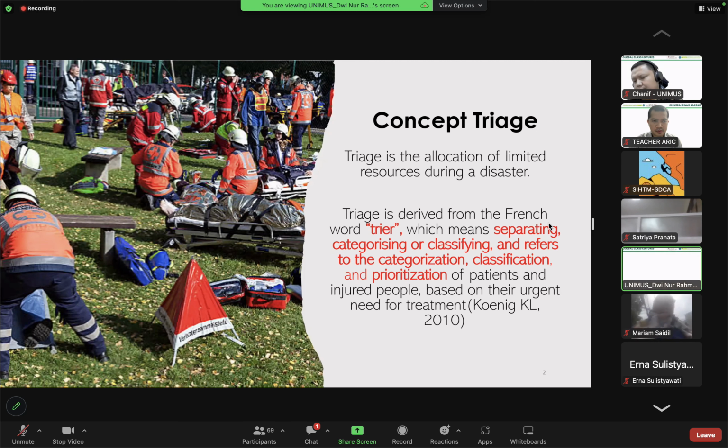Because Mr. Hanif already explained the triage very completely and in detail, you probably understand the concept very well.